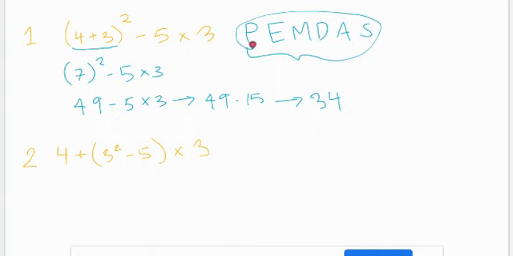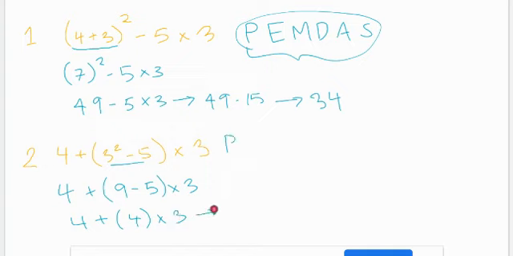Moving on to number 2, we see parentheses here, so we're going to solve what's in the parentheses. So we have 4 plus 3 squared, which is 9, minus 5 times 3. We know that 9 minus 5 is 4. So we've solved the P. We're going to move on.